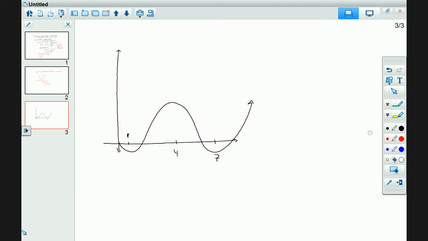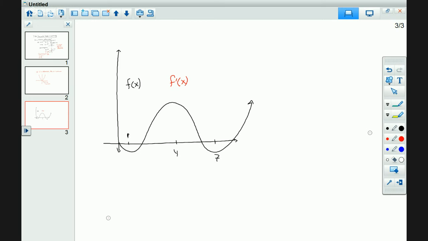Can you interpret the derivative graph of this? So this is f of x. Can we draw on here a derivative? Remember, all we're looking at is what is the slope of f, right?